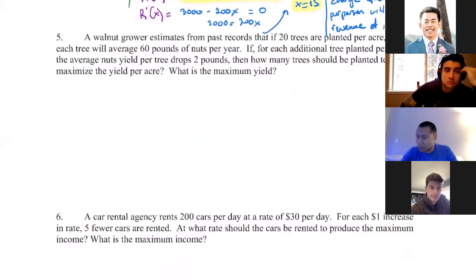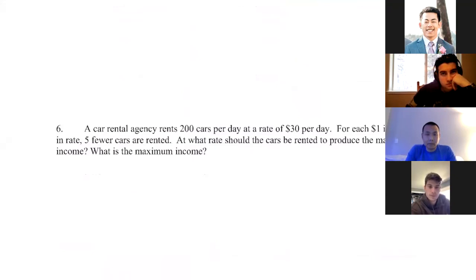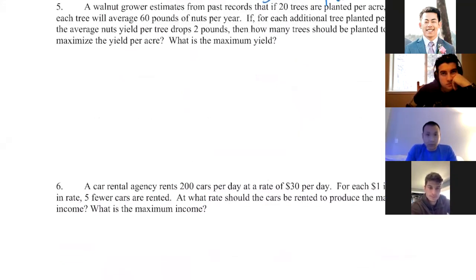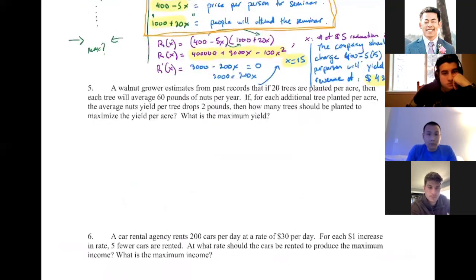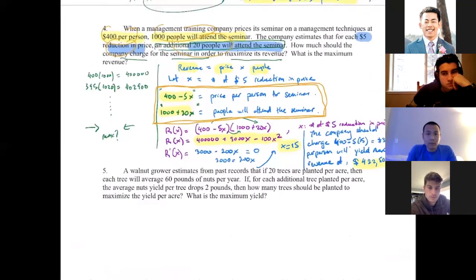That's a really good example. And this one deals with car rental prices per day: if you increase the price for renting a car, you expect fewer people to rent. These are really good examples. I want you guys to play around with this, attempt the homework, and we'll regroup on Thursday and see what questions you may have.